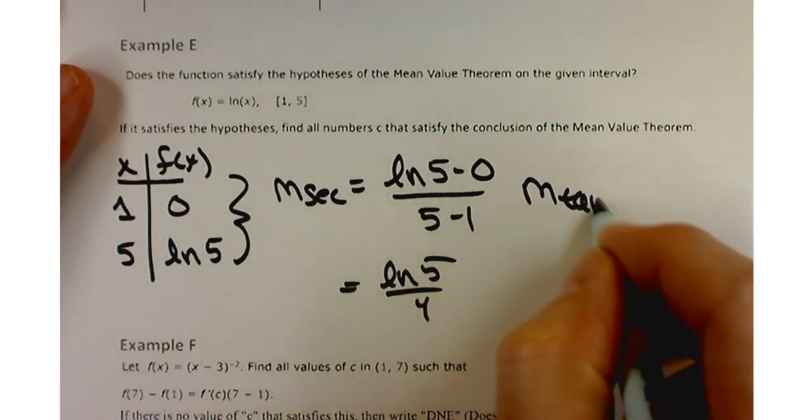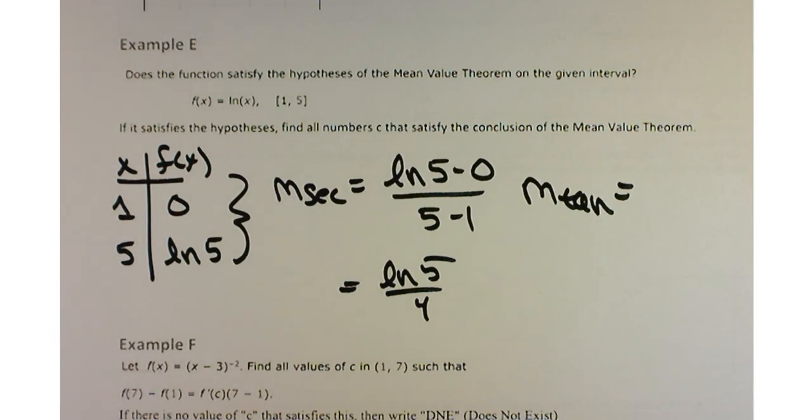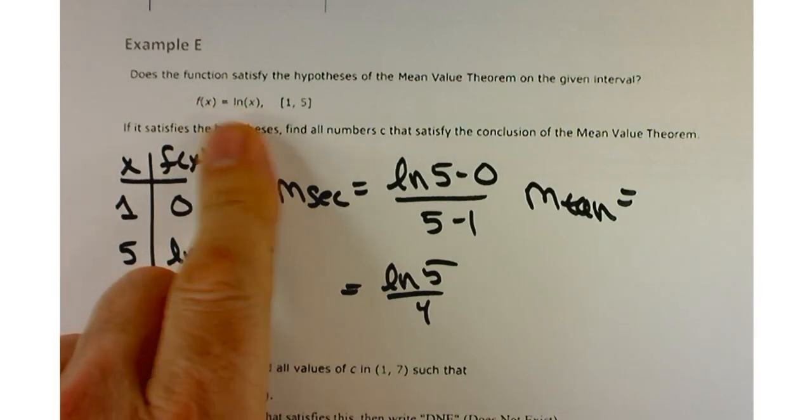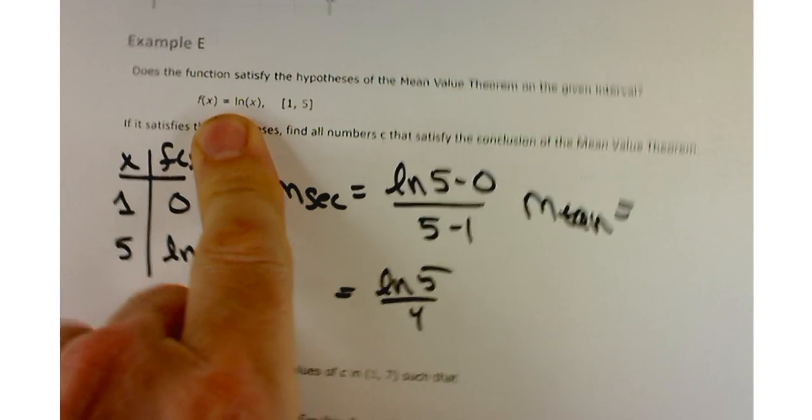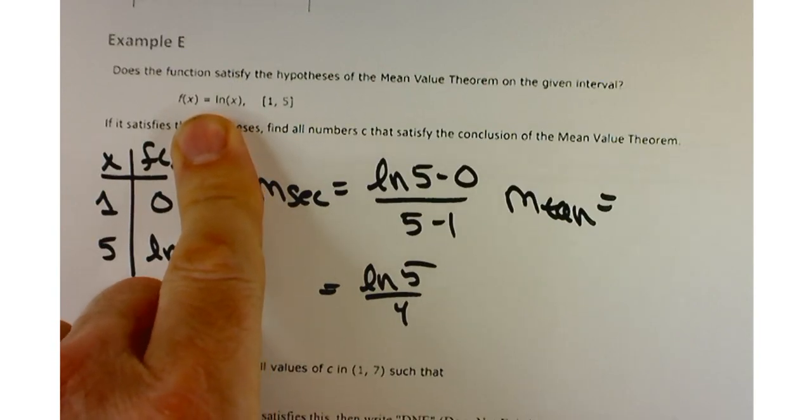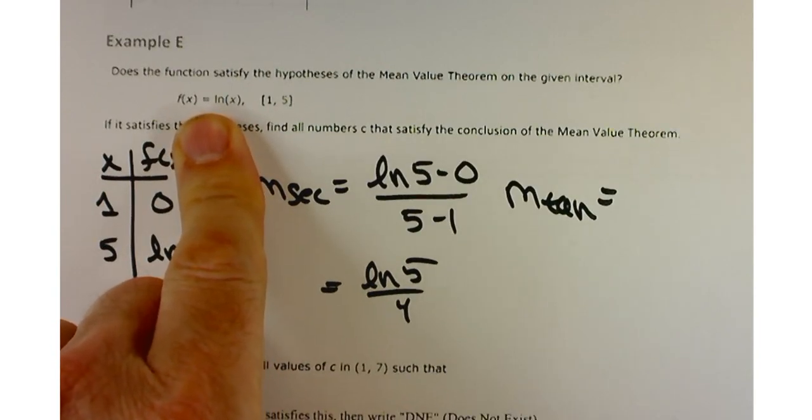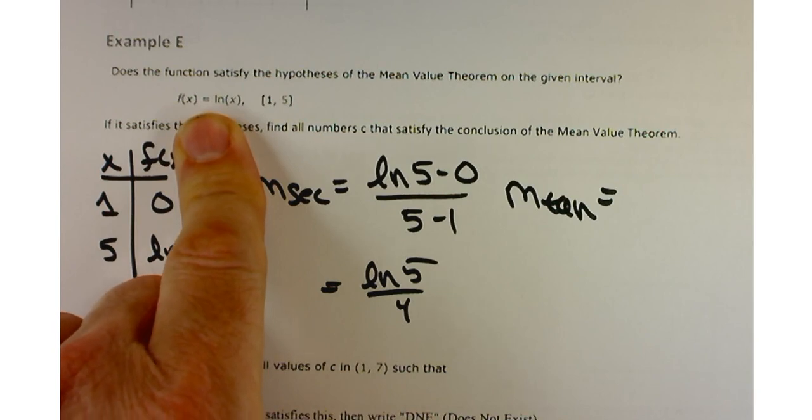And so tangent. Ashley, I need the slope of the tangent line. How do I find that from ln of x? What's its derivative? 1 over x.